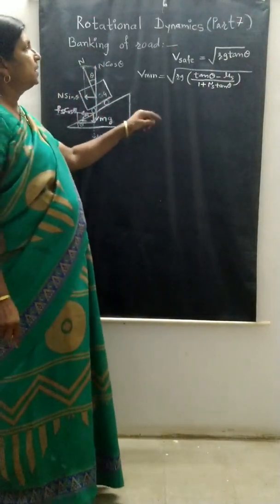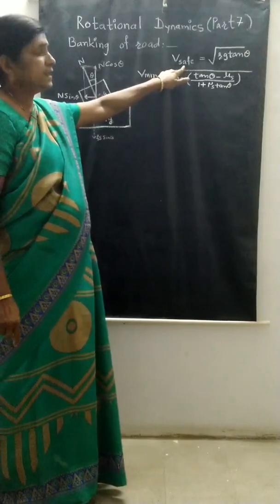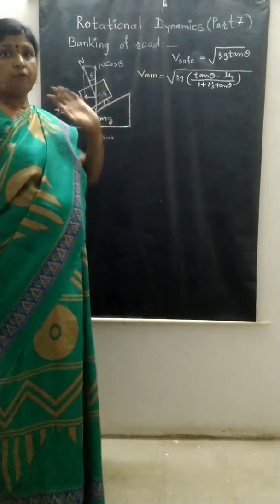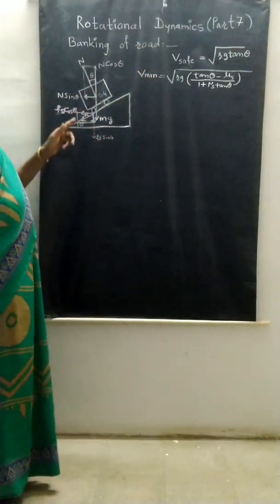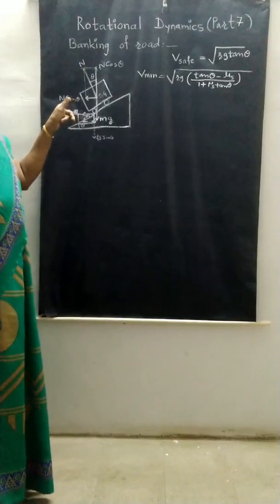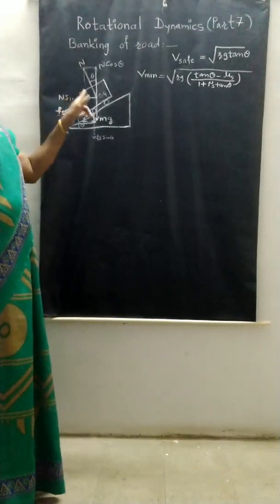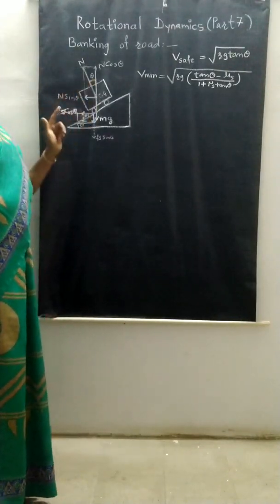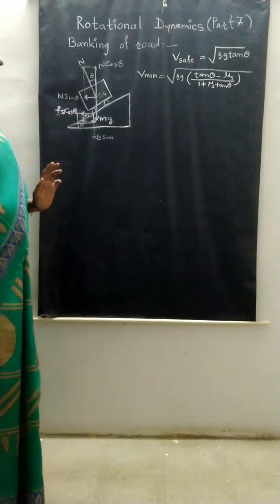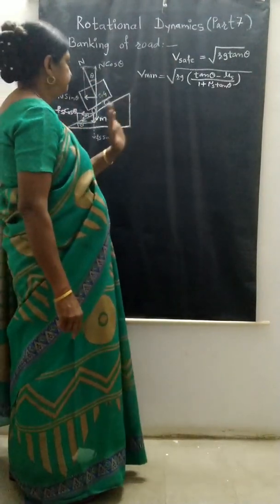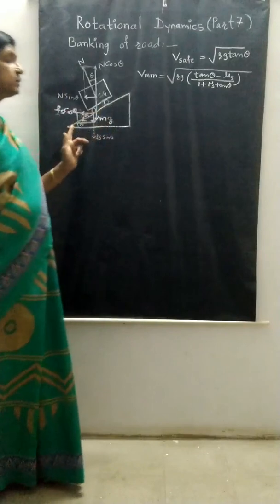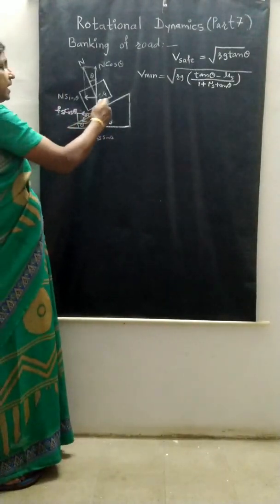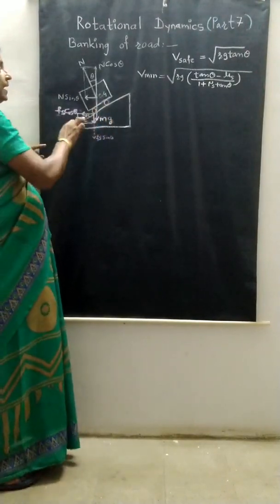If the speed exceeds this limit, then the centrifugal force is greater than the component n sin theta. Therefore, the vehicle moves away from the center of the circular track. Here, the frictional force again plays its role. It acts in opposite direction to the direction of sliding.